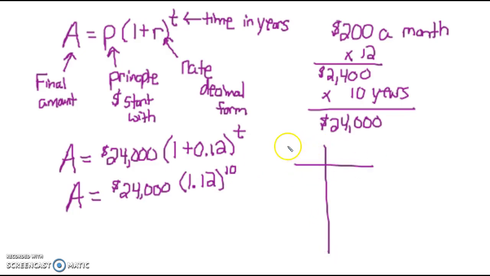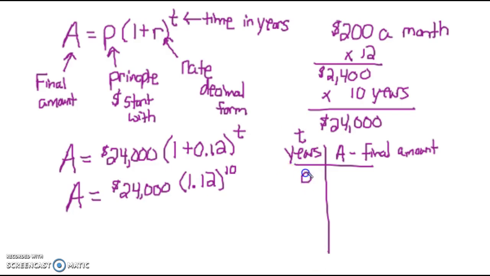So this is our number of years, and this is our A, or our final amount. I can also put this in T years.